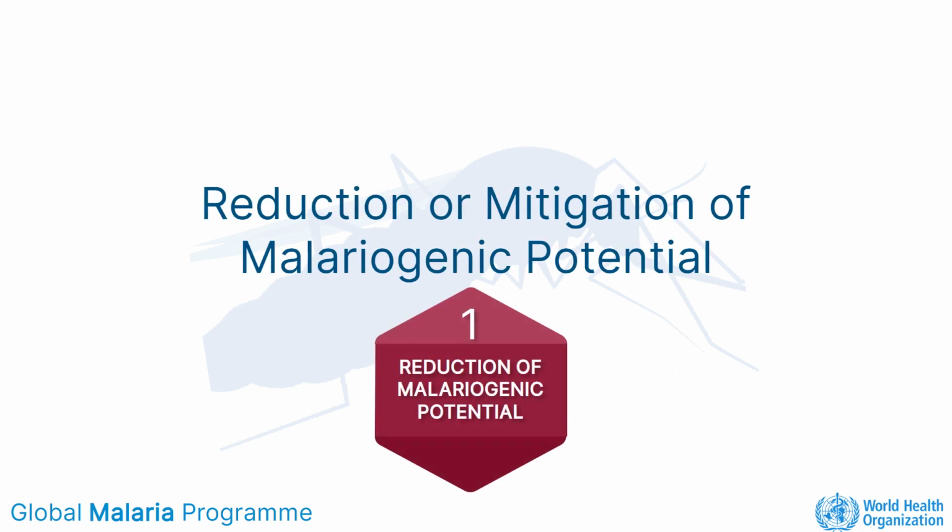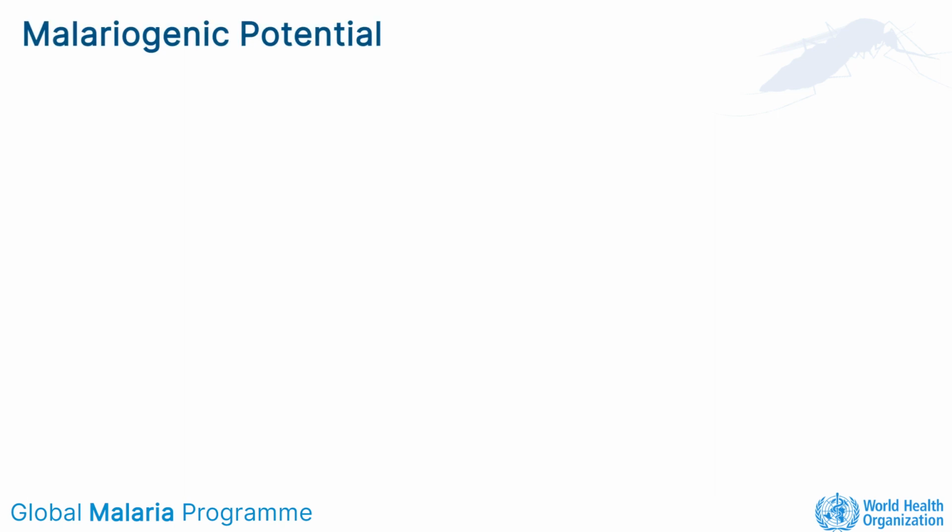In this section, we'll explain what malariogenic potential is and the strategies that can reduce or mitigate the potential for malaria transmission to be reestablished. We have discussed 6 conditions that favor reestablishment of transmission.